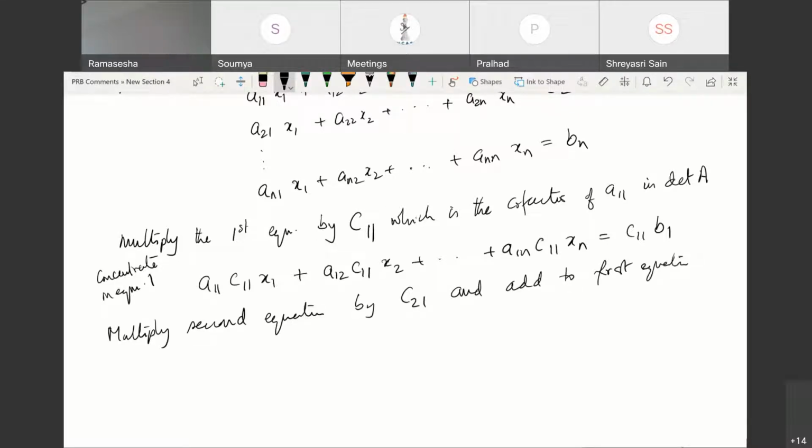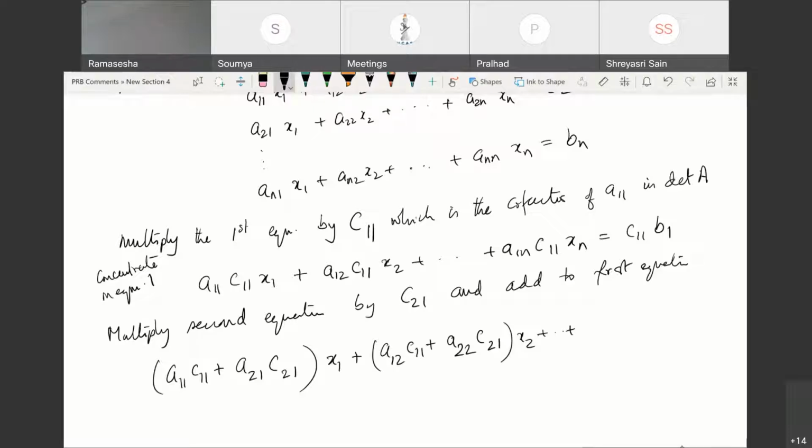Nothing changes. So I'll get (A11 C11 plus A21 C21) times X1 plus (A12 C11 plus A22 C21) times X2 plus etc. plus (A1n C11 plus A2n C21) times xn is equal to.